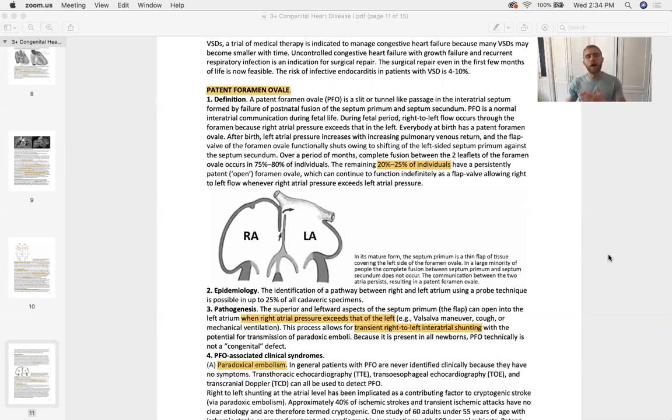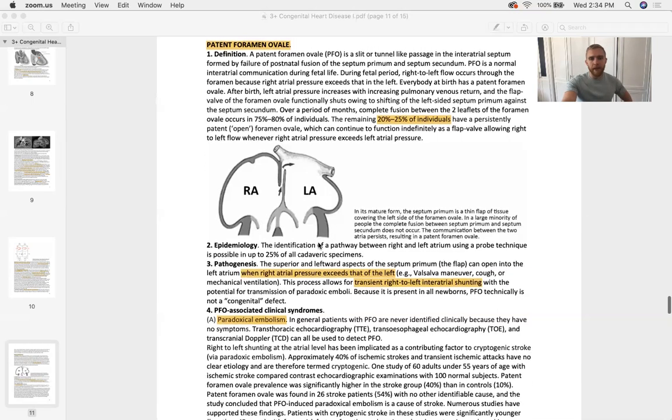So when you let that breath out, all that venous blood goes back into your right atrium at the same time, and it's going to generate enough of a force to push that foramen ovale open and spill over a little bit into the other side. That's how you can get a paradoxical embolus with a patent foramen ovale.